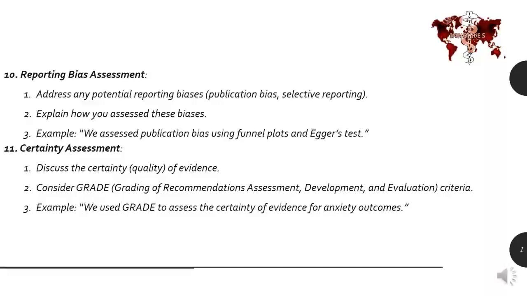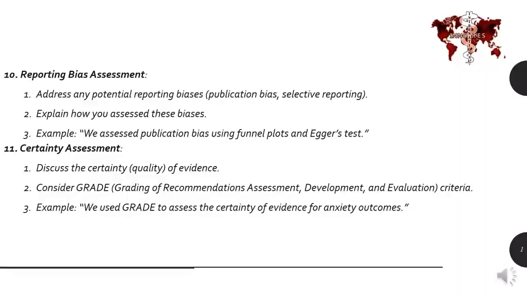When we talk about certainty, we are referring to the confidence in the body of evidence for an outcome. In this section, you want to describe the method you used to assess your confidence in the body of evidence for each outcome. You want to mention the criteria you're using to evaluate.